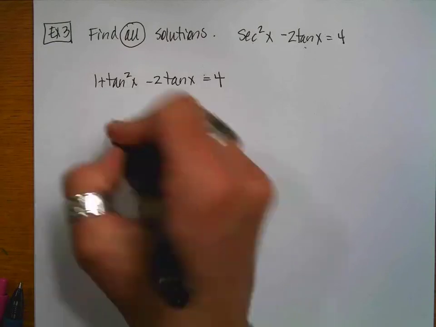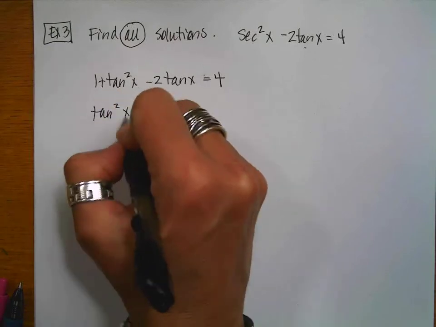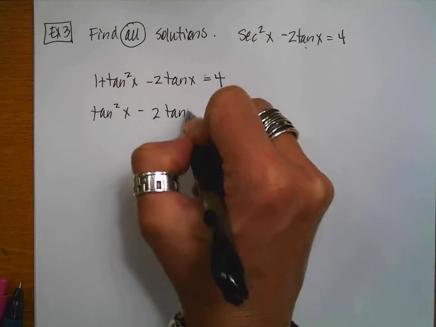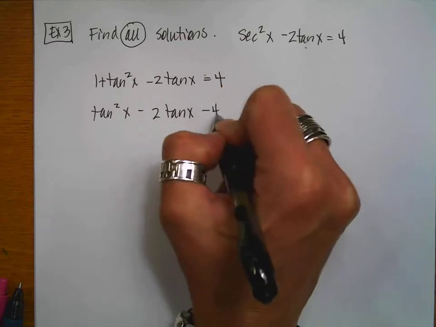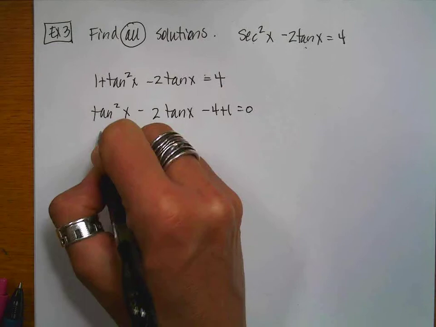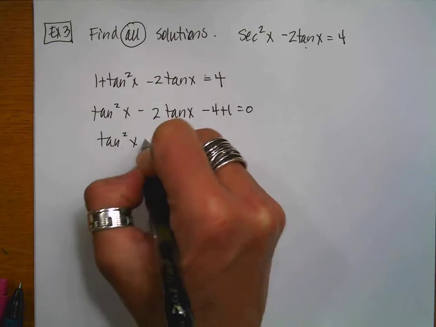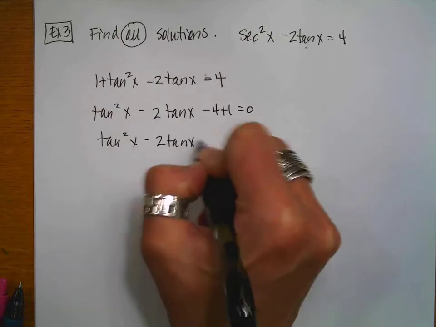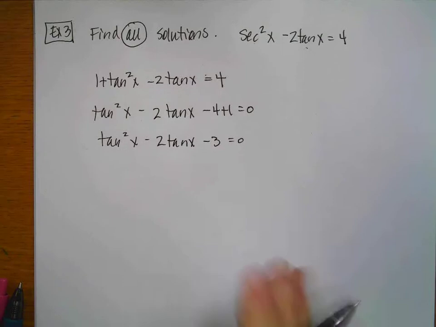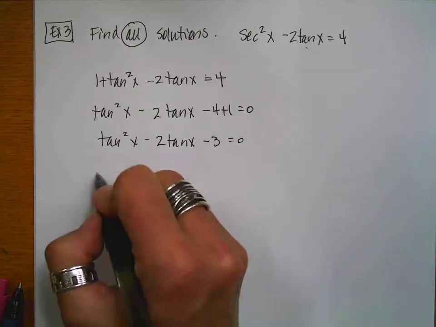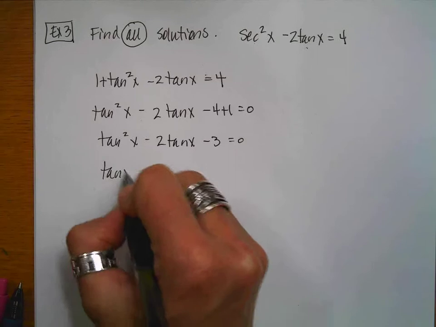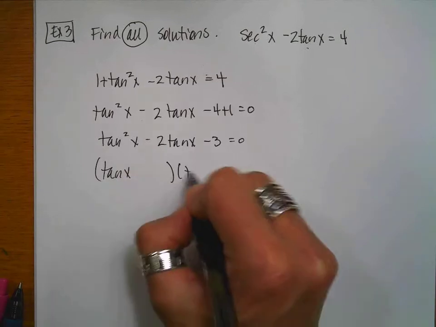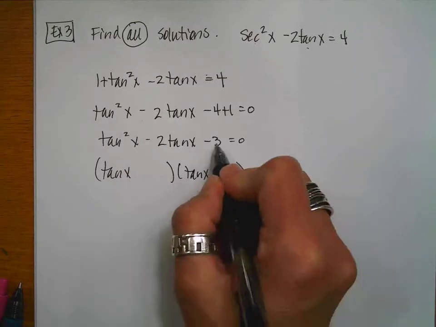This is a quadratic, so I'm going to combine everything. So I get tangent squared x minus 2 tangent x minus 4 plus 1 is 0. And then I get tangent squared x minus 2 tangent x minus 3 equals 0. And now I can factor, because it's our favorite F word, and I get the tangent of x and the tangent of x.